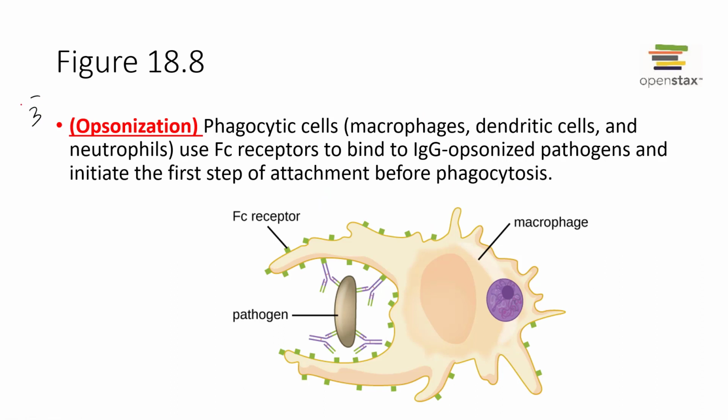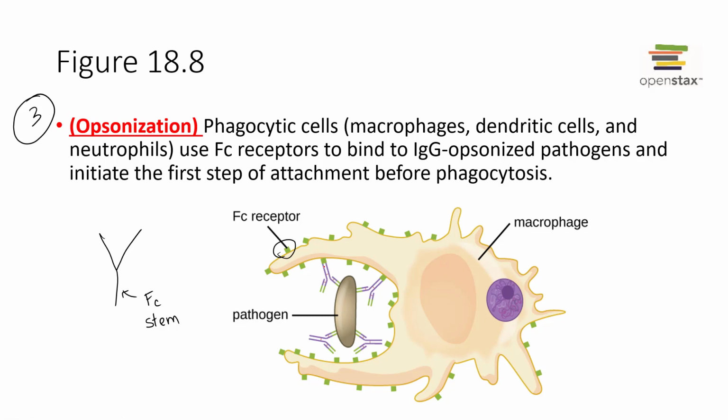Third function, opsonization. And this has to do with remembering that the stem of antibodies is called the Fc stem. So when we draw an antibody and we talk about the stem, this is the Fc stem, constant region. That also happens to be a binding spot for phagocytes. So they're showing that there's an Fc receptor on the surface of macrophages as well as dendritic cells and neutrophils, and they actually bind to the Fc receptor.